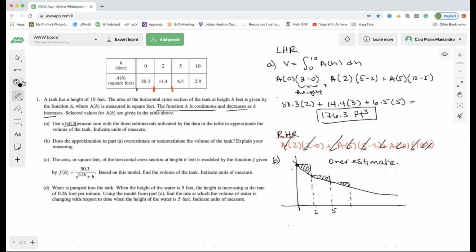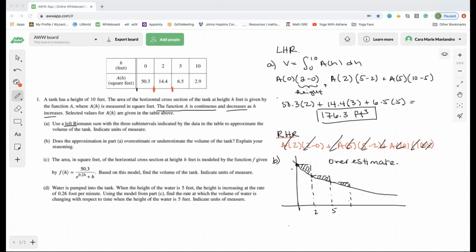What would my answer be if I had used the right Riemann sum? Please. So the question is, would a graph be a sufficient explanation by itself?